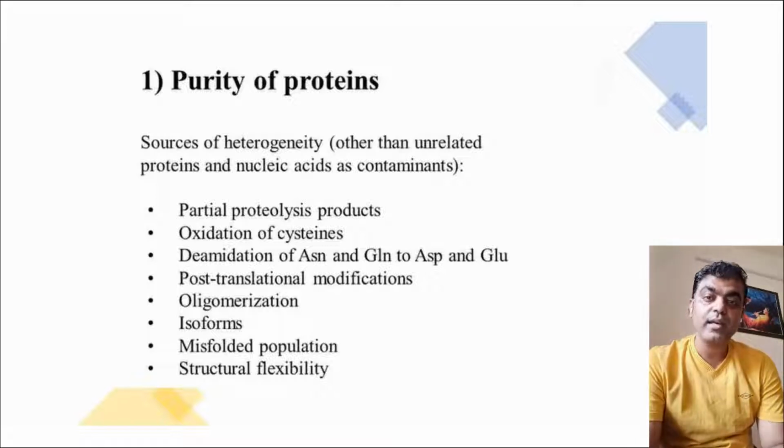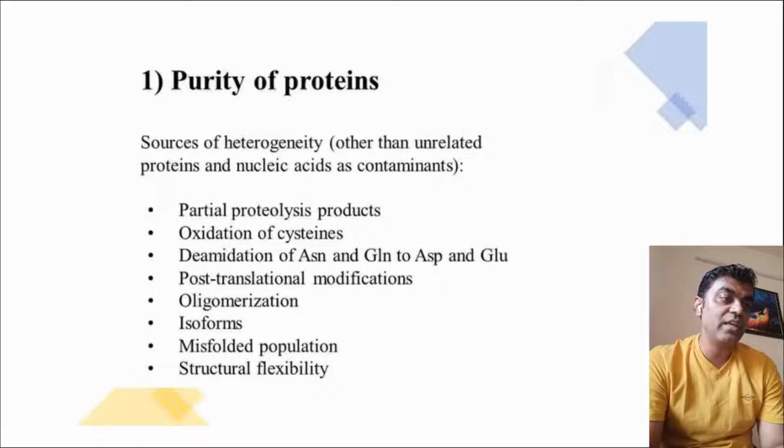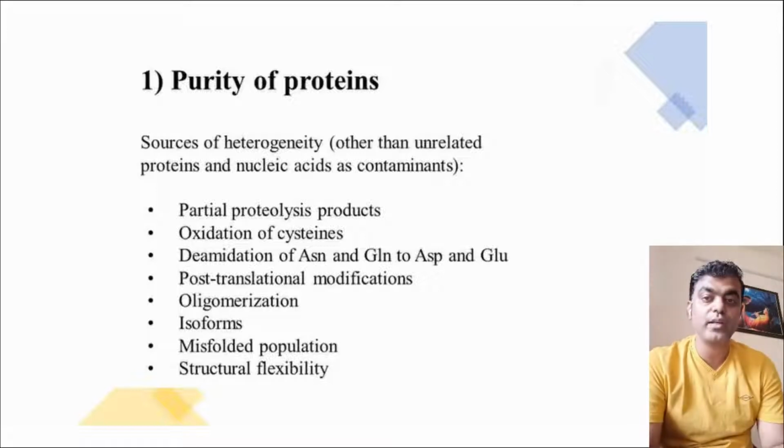There may be cases of oxidation of particular amino acids, so that can also happen. Another is deamidation, a process where you see changes in the structure. So asparagine can change and undergo deamidation.